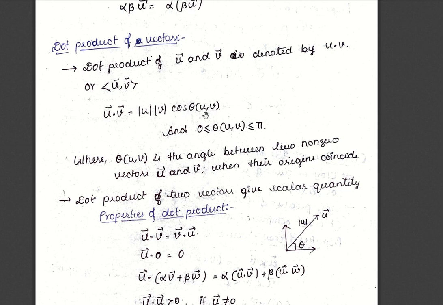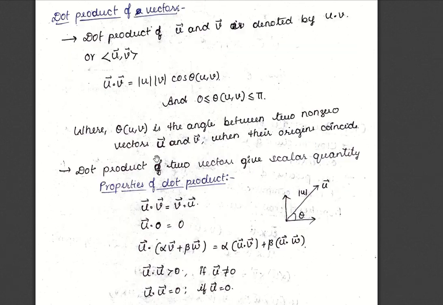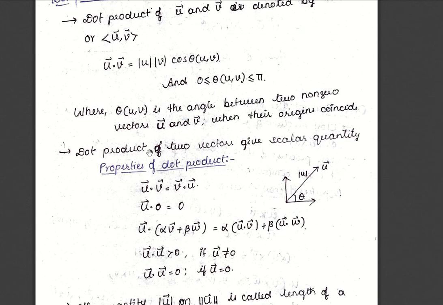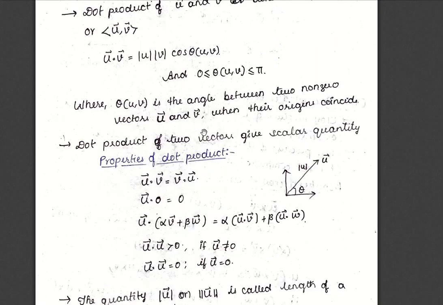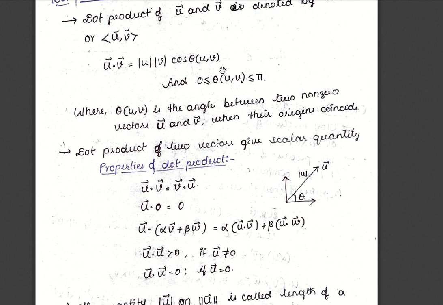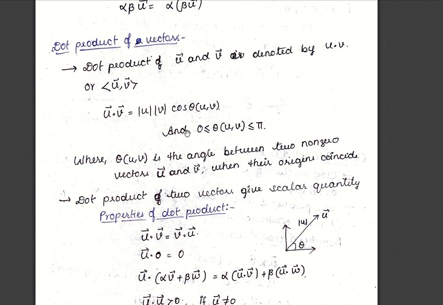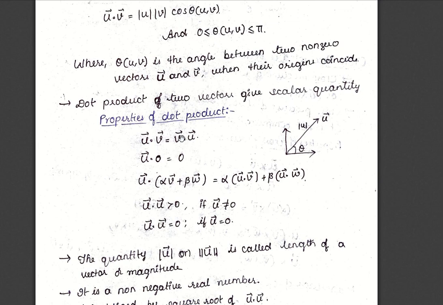Theta uv is the angle between two non-zero vectors u bar and v bar when their origins coincide. So like this. The dot product of two vectors gives a scalar quantity.